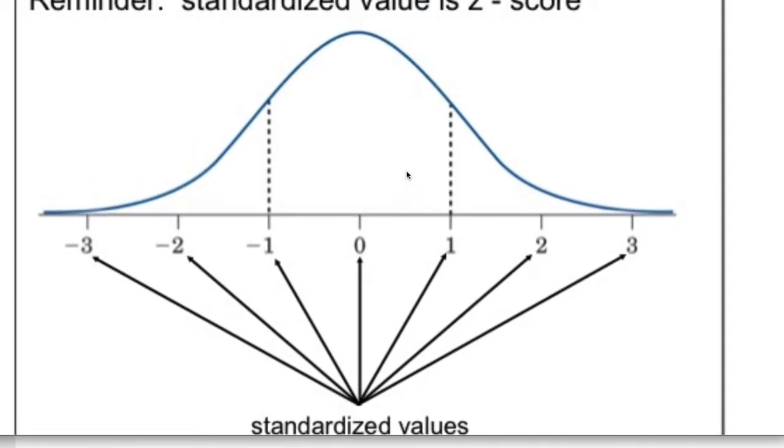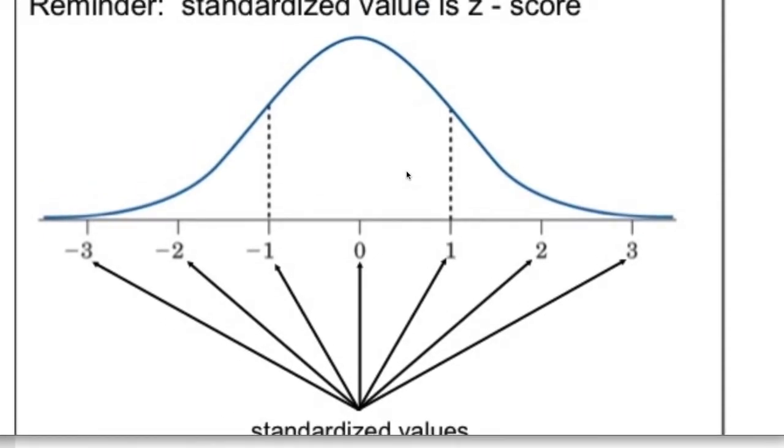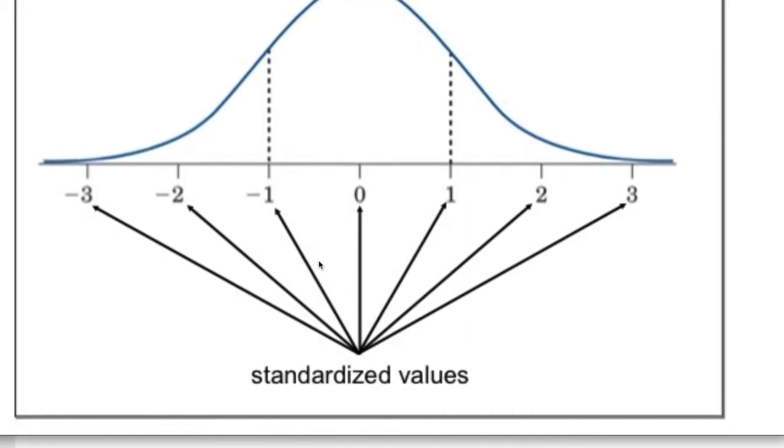Now when you're using that 68, 95, 99.7 rule, that again speaks specifically to a z-score of 1, 2, 3, or -1, -2, -3. Again, very specific examples.